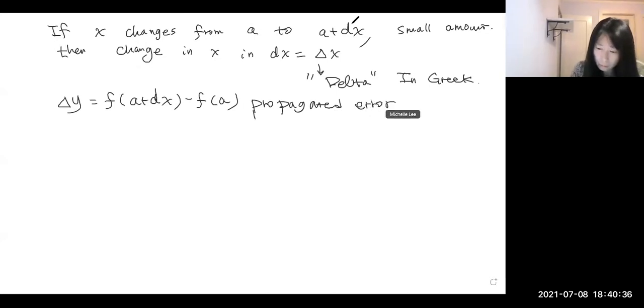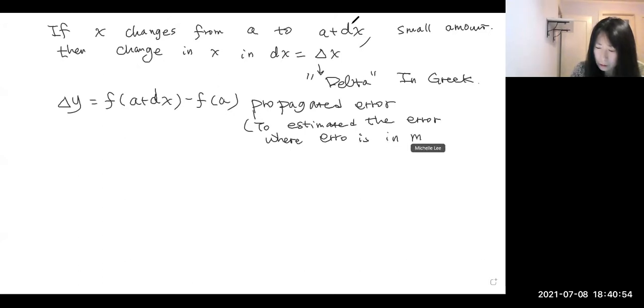So to estimate error, where error is in measurement.